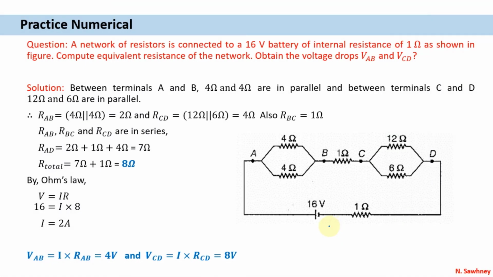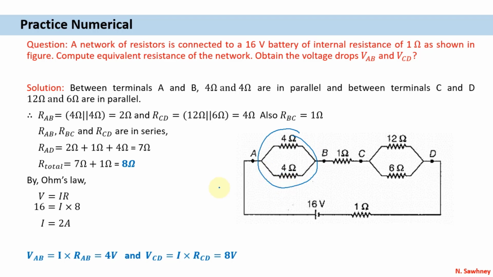A network of resistors is connected to a 16 volt battery of internal resistance 1 ohm as shown. We have to find out the equivalent resistance of the network and also find the voltage drops VAB and VCD. For this, look carefully between the terminals A and B. 4 ohm and 4 ohm are in parallel combination.